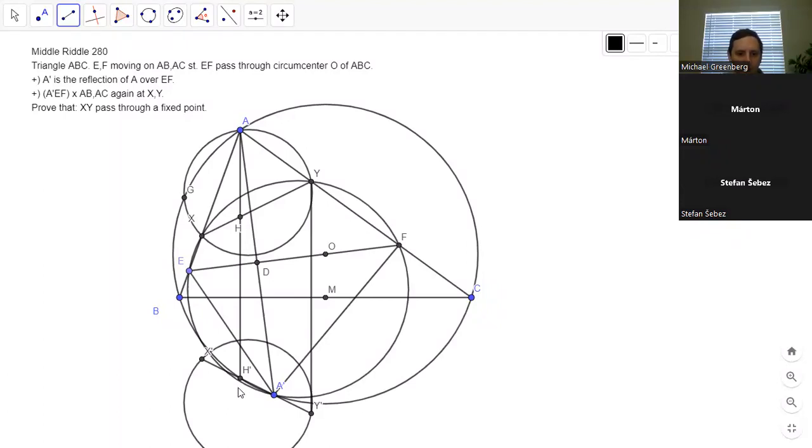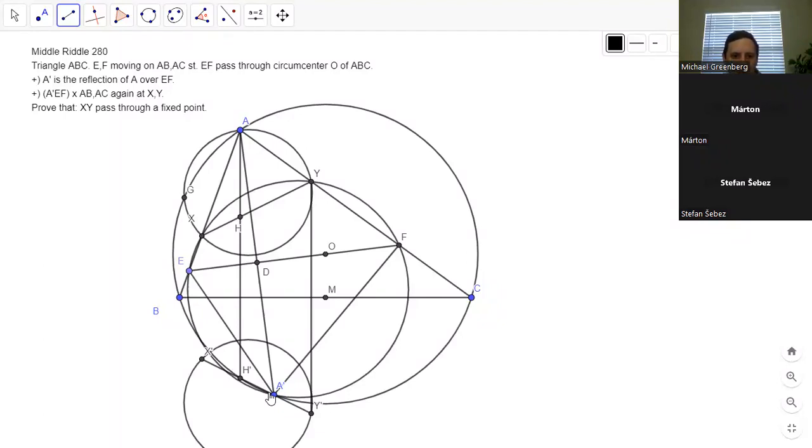So all we have to show is that Y prime, H prime, and A prime are collinear.